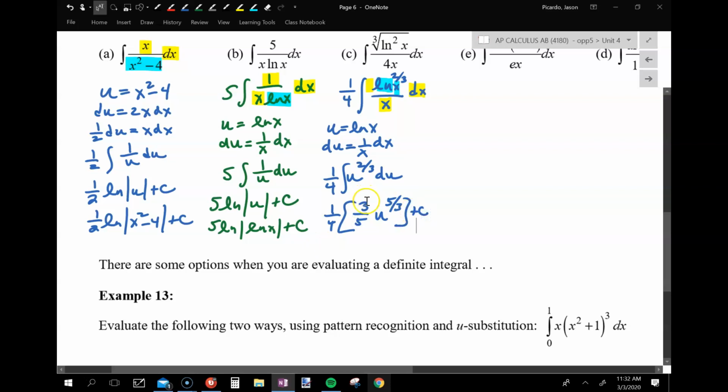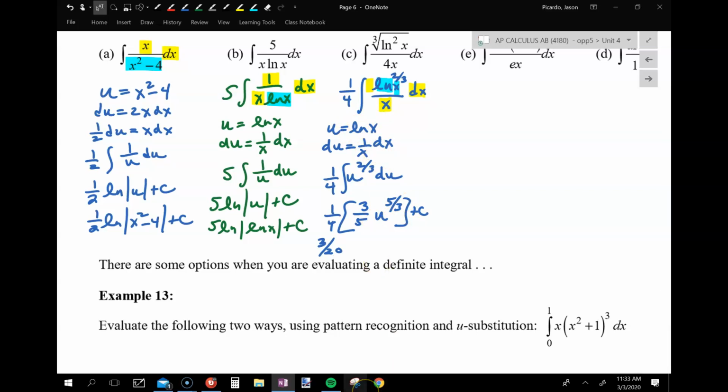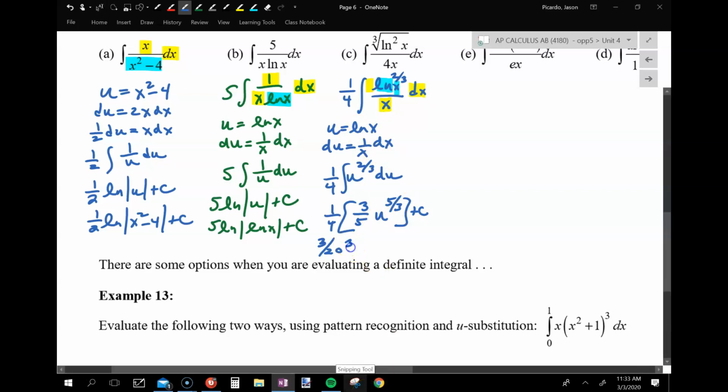All right, so what is that going to give me? That's going to give me 3/20 of what? The cubed root of u to the 5th power? So the cubed root of natural log of x to the 5th power plus c.